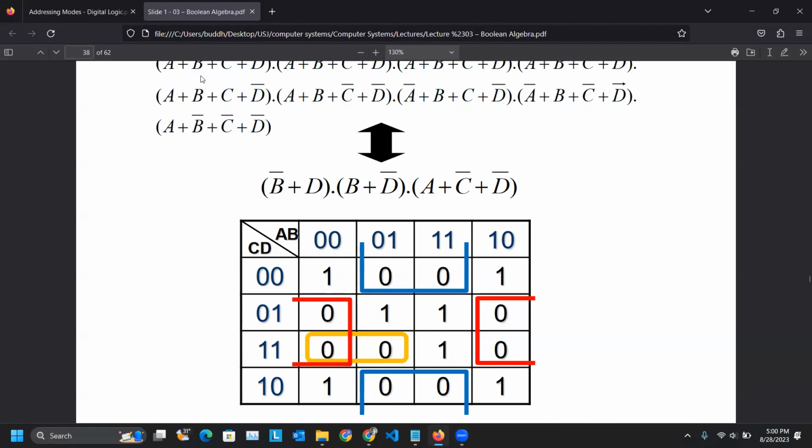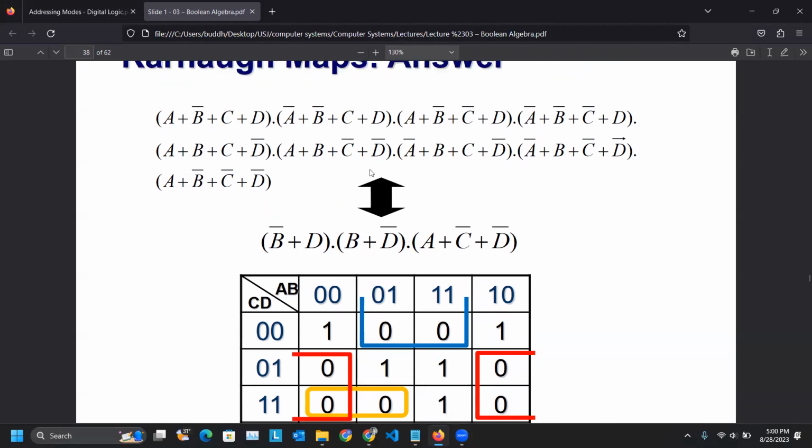So that means A plus B plus C plus D. So what is that? 0. Yeah, A plus B bar plus C plus D. So it should be A bar B. So A bar B is this one, and C plus D is C bar D bar. So it represents this 0, right?